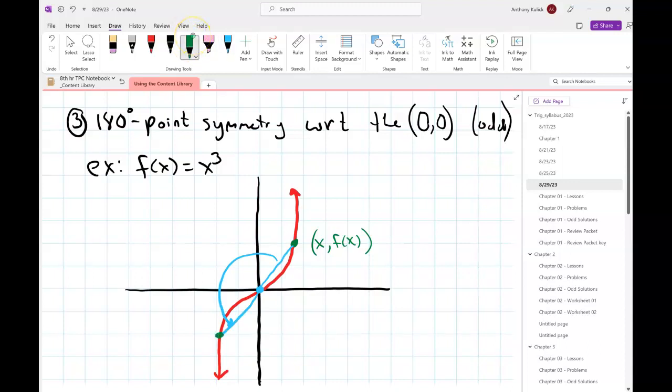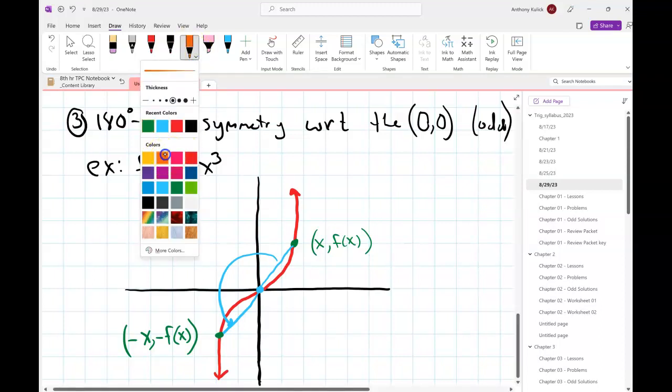Remember, 180 degrees is half a circle or a straight line from geometry. That means that I should be landing on the graph again. Because we're in the third quadrant now, that point should be at negative x and negative f of x. The x should be negative and the y should be negative because we're in the third quadrant. You guys kind of see that?